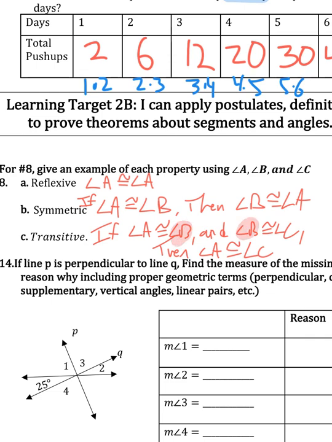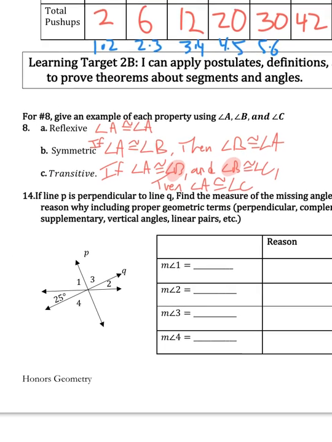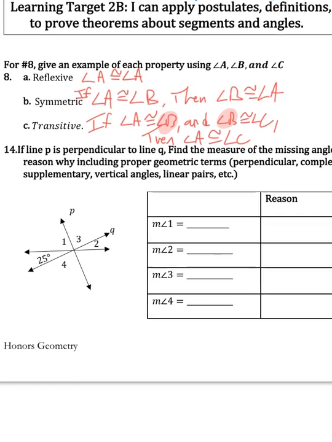Since they're both congruent to angle B, then A and C have to be congruent. That's transitive. Kind of relates to the law of syllogism there almost, right? All right, so those are the 3 properties we need to be ready to use.